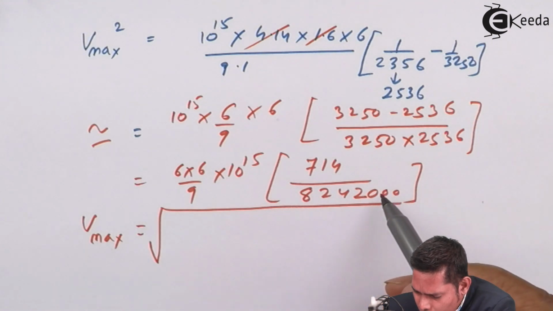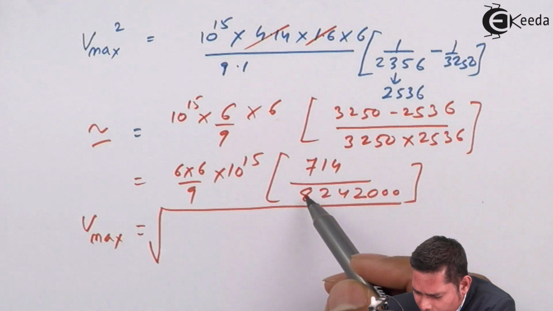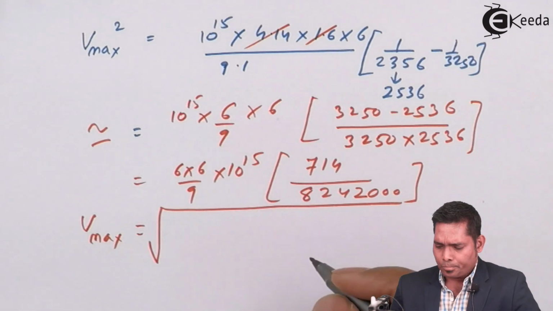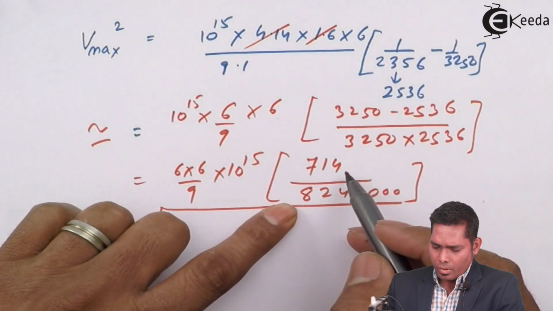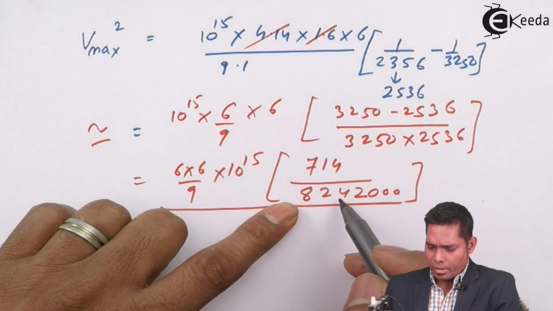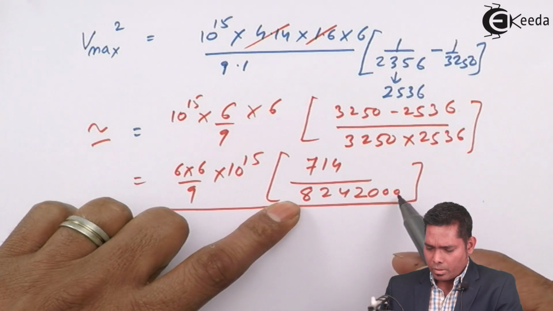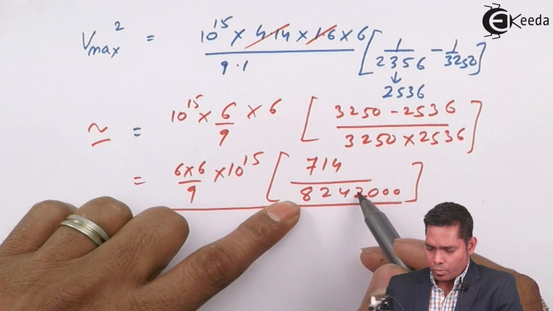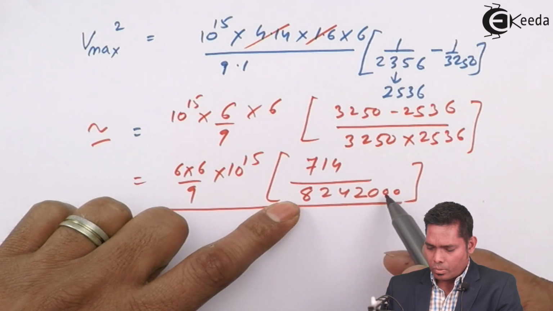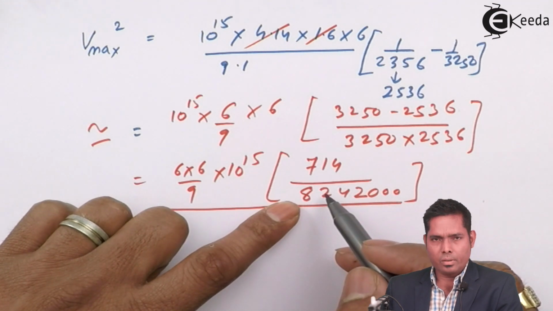This is 1, 2, 3, 4, 5, 6, 7 digits. If I take it 8 here, then I can cut up to 8 here, and 10 to the power 1, 2, 3, 4, 5, 6.